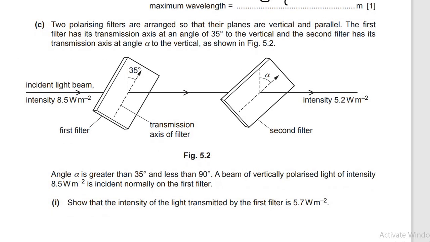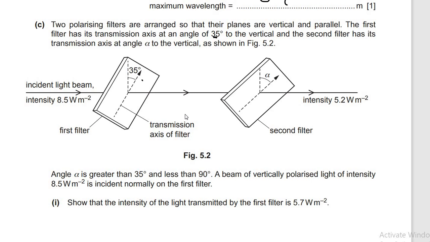Question C. Two polarizing filters are arranged so that the planes are vertical and parallel. The first filter has a transmission axis at an angle of 35 to the vertical.